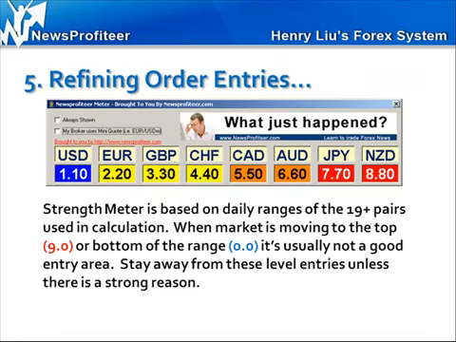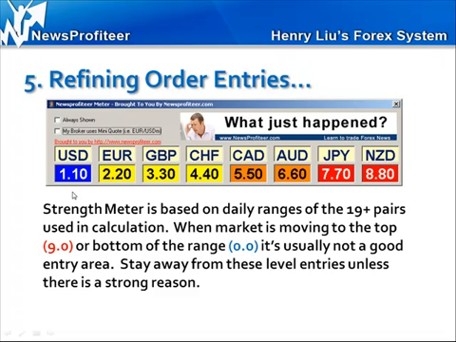Now the next way of using the strength meter is one of the things which I like to focus on a little bit more, and it is basically knowing that the principle behind the strength meter is actually pretty simple. I have explained this in my blog a little bit, but let me just give you a quick overview.